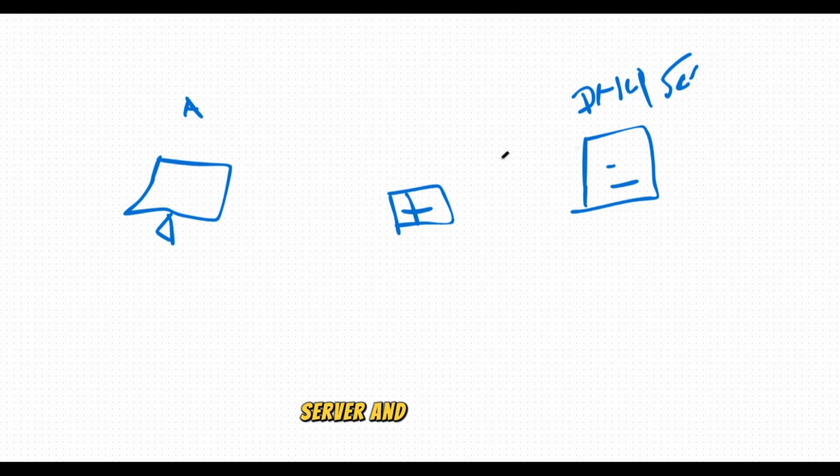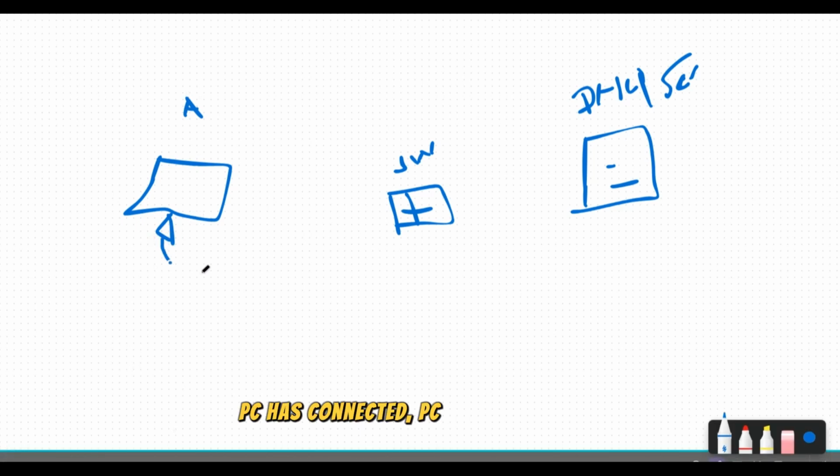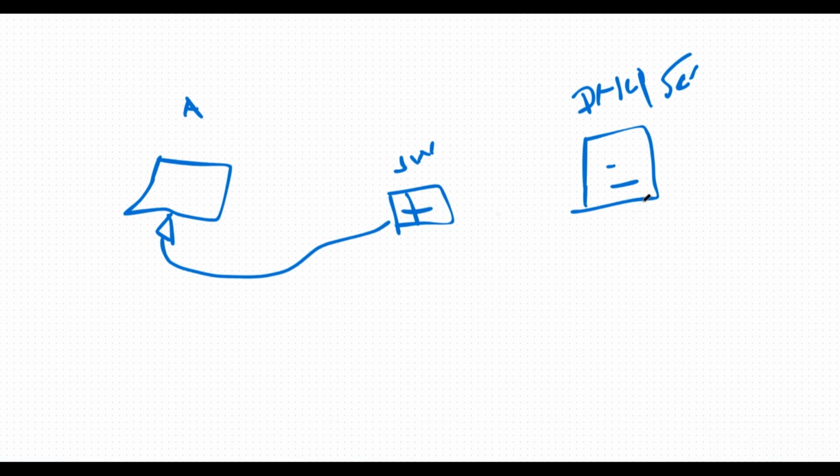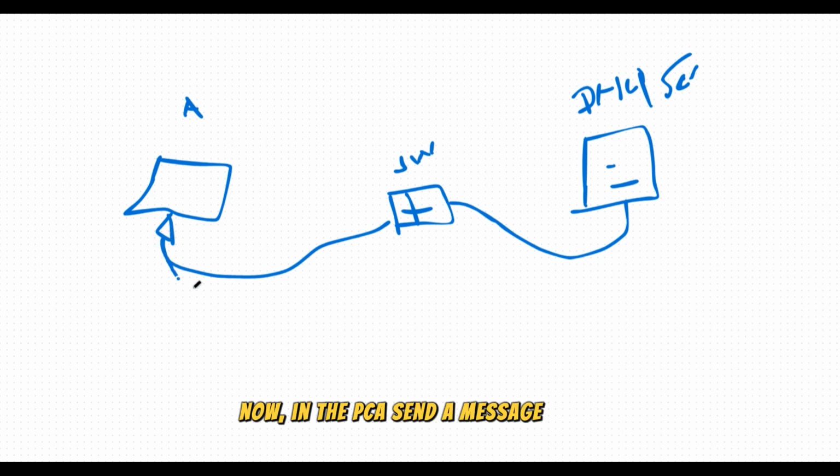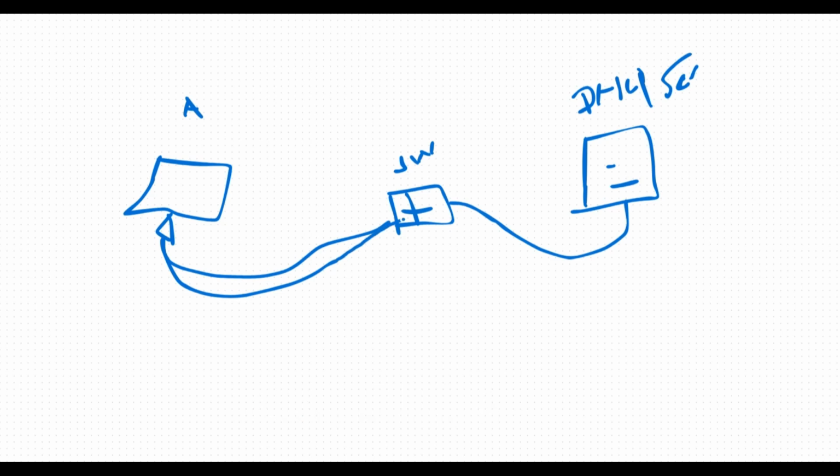And it is a switch, and it is PC B. PC B is connected with the switch, and the DHCP server is connected with the switch. Now PC A sends a message like I need an IP address, and the message goes to the DHCP server.